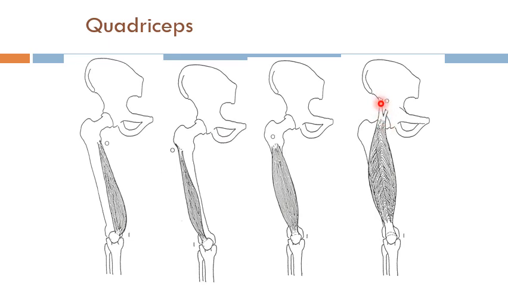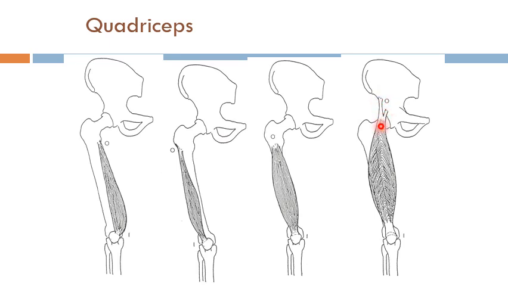So here's the origin point that was discussed in the previous slide, the anterior inferior iliac spine. Then you have this origin here on the superior surface of the acetabulum. So another name they use for this, they call this the origin of the straight head. So this is the straight head here, and they call it the straight head because it comes straight down.